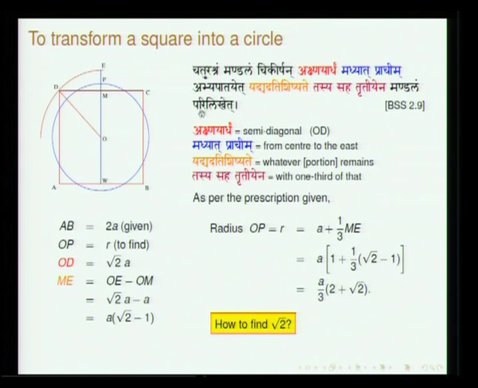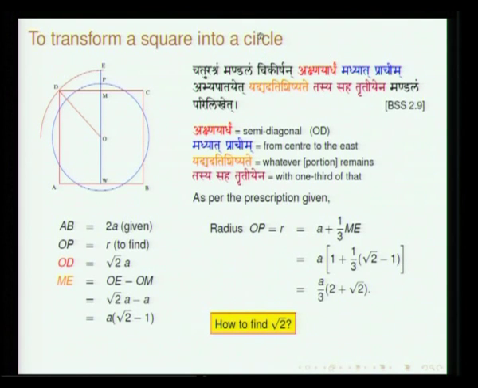another problem, the most difficult problem, for which many scholars from all civilizations have been breaking their head. Suppose you want a square whose area is the same as that of a circle, or a circle whose area is the same as that of a square.